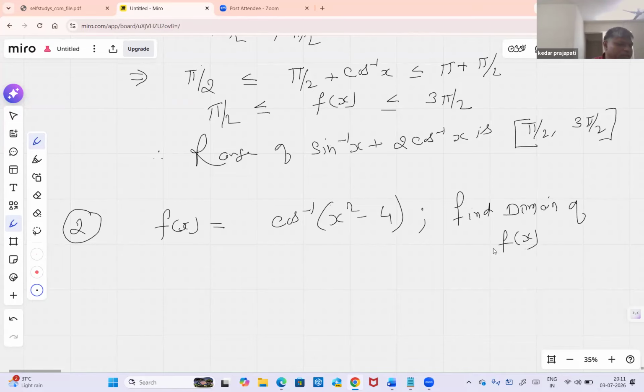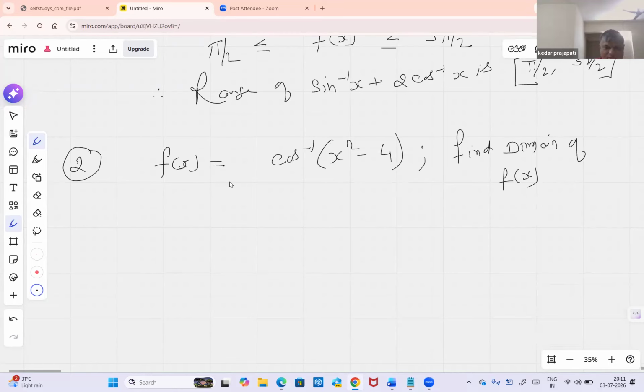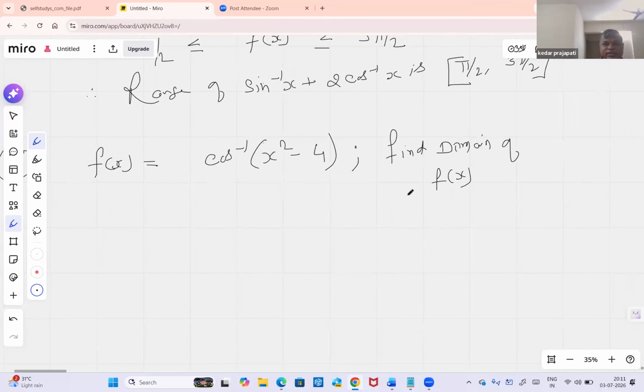Now we know the domain of cos inverse x. How will you start? If it is asking domain, we'll take domain. Otherwise, we'll take range. So your solution: domain of cos inverse x is how much?